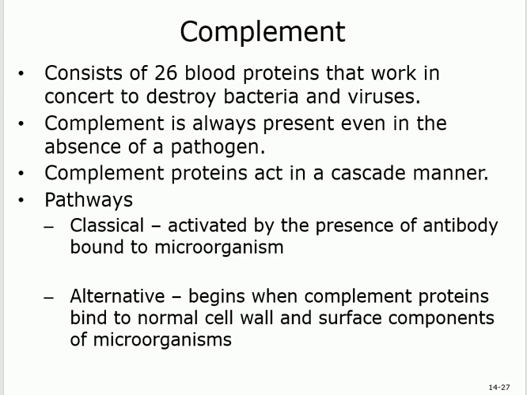Complement is about 26 different types of proteins in the blood that complement the function of the antibodies. This is where the name came from. They complement the function of antibodies. Why? To kill the bacteria and to kill the virus. So they complement the function of the lymphocytes, basically. This is where the name came from, okay?